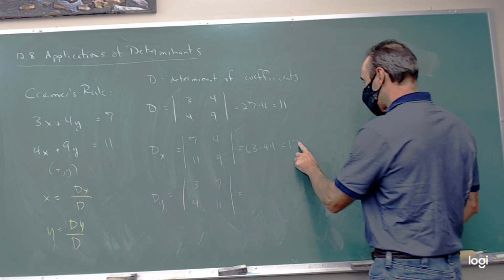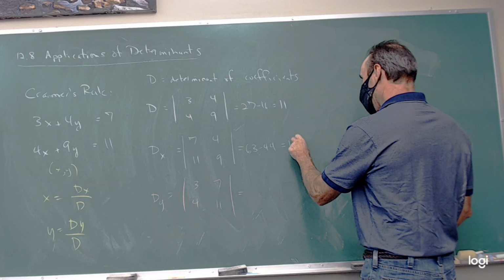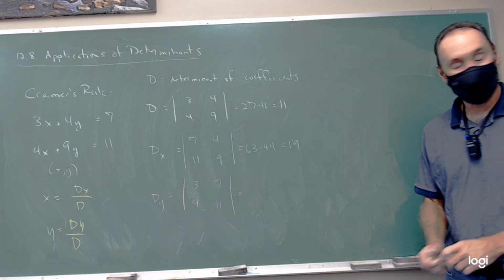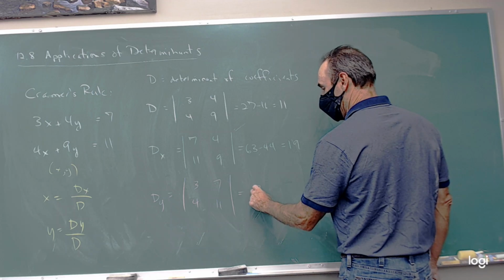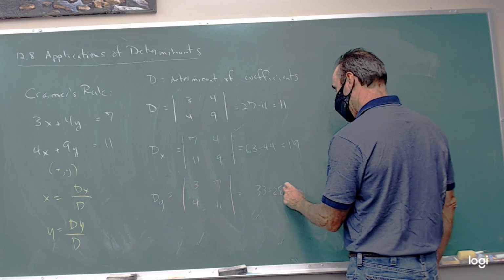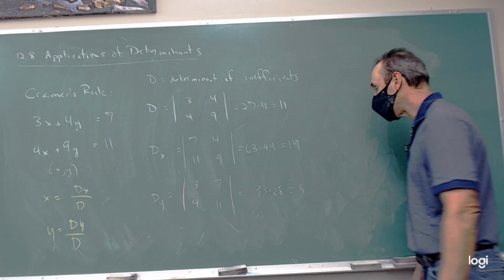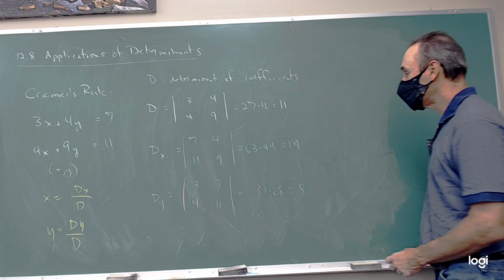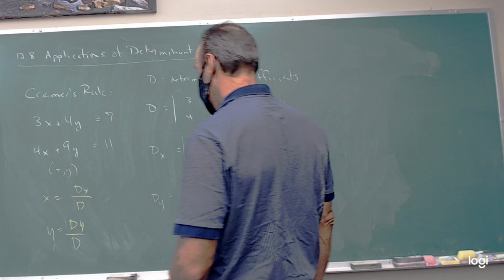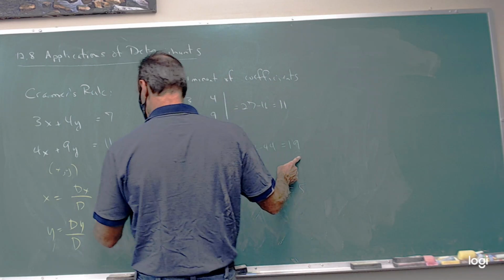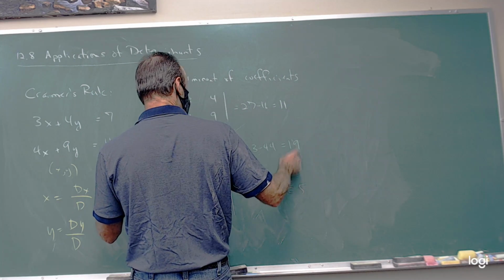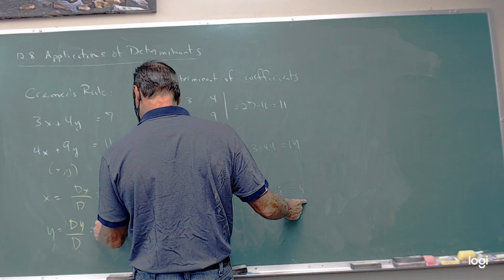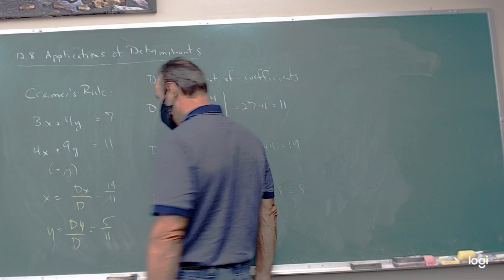Oh, trust but verify, huh? Well, 19. Nobody said anything when I offered it up. Okay, let's see, 33 minus 28. Even I can do that one. 5. So we're going to then get that our point of intersection, x is going to be dx, so that's going to be 19 over 11. And the y is going to be 5 over 11.